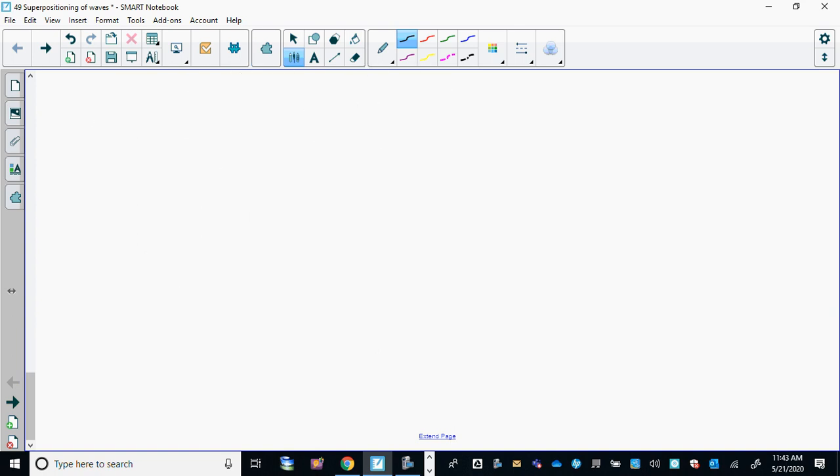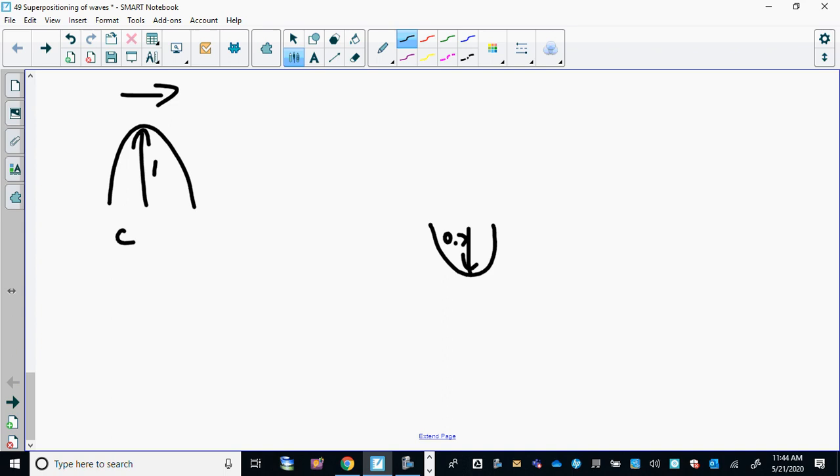But what happens if a wave going this way, again with an amplitude of 1, meets a wave going this way, and let's say the amplitude of that wave is 0.7? What happens when they meet? In other words, a crest meets a trough.